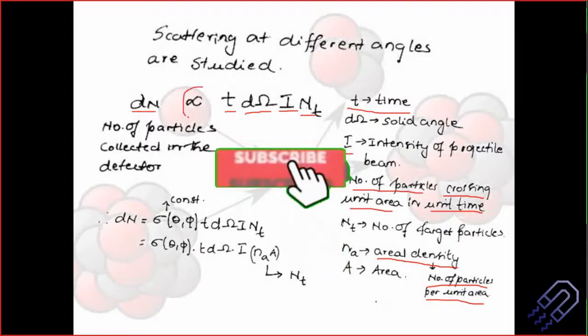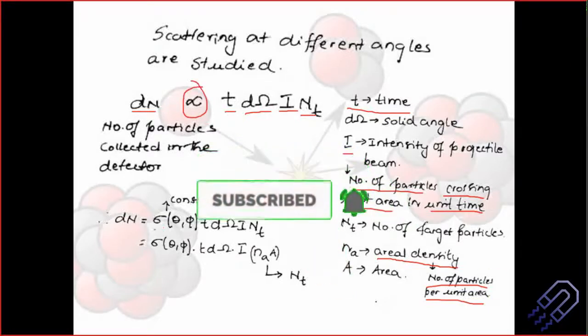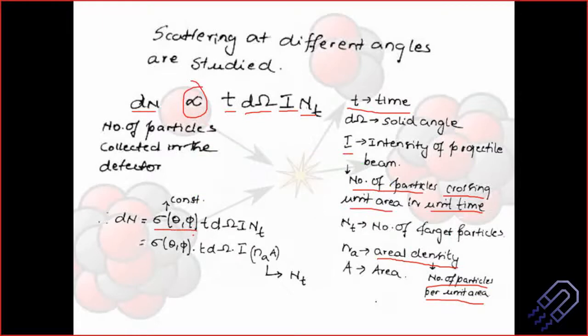So if there is a proportionality sign, I need to replace it with a constant, and that constant is sigma, a function of theta and phi again. We do say that it doesn't depend on theta and phi in certain cases, but here theta and phi will be there because whenever there is a scattering, it will be in three-dimensional space. So it makes sense to consider these.